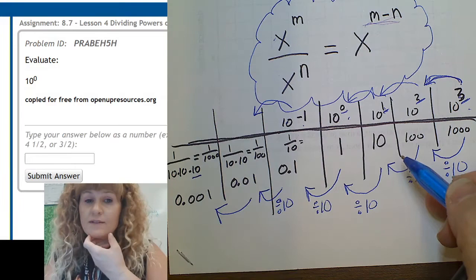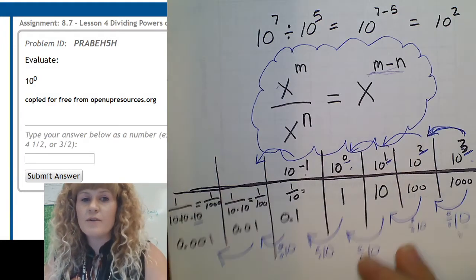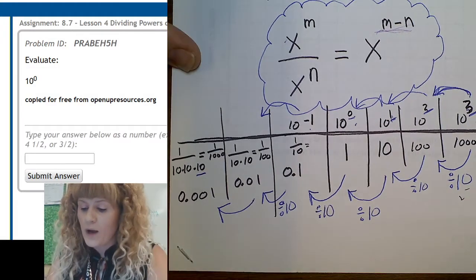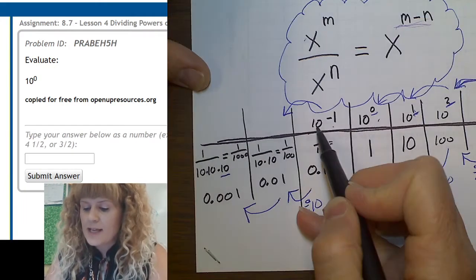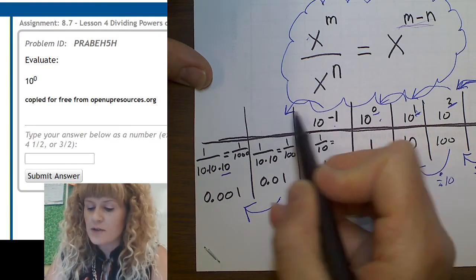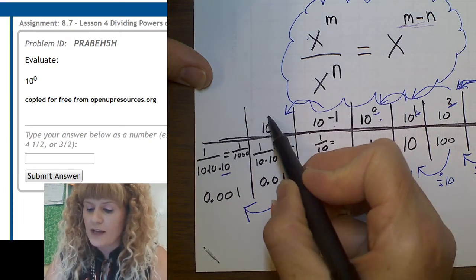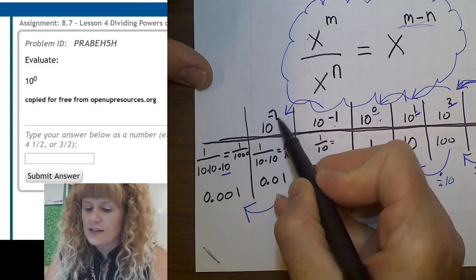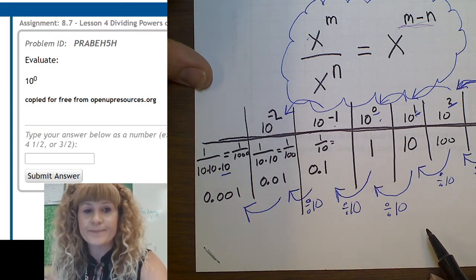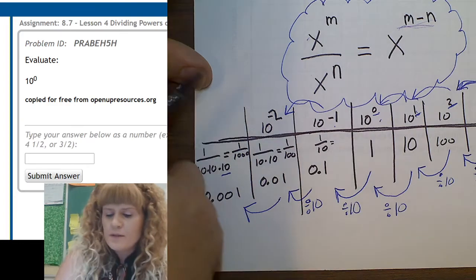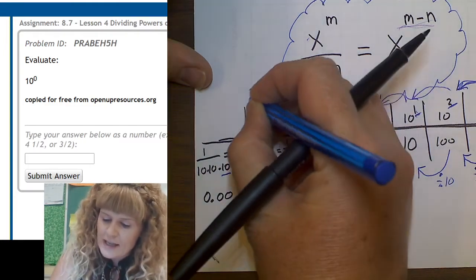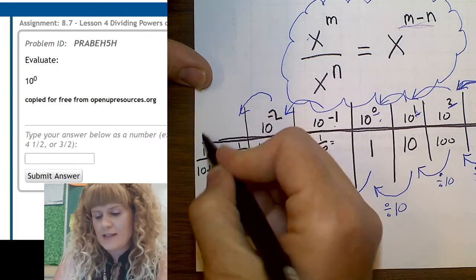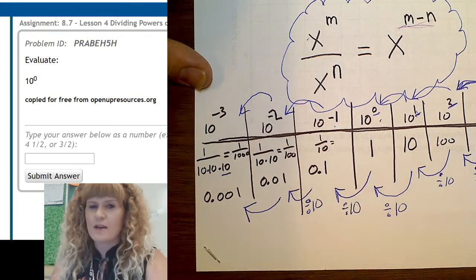Every time you divide by 10, the value of the exponent decreases by 1. So 10 to the -1 decreases by 1. When you divide by 10, you get 10 to the -2. And when you divide by 10 again, you get 10 to the -3.